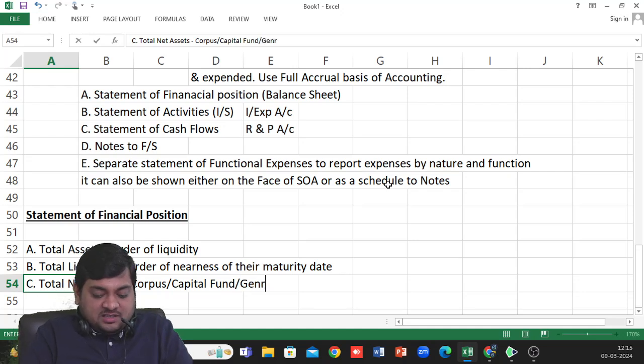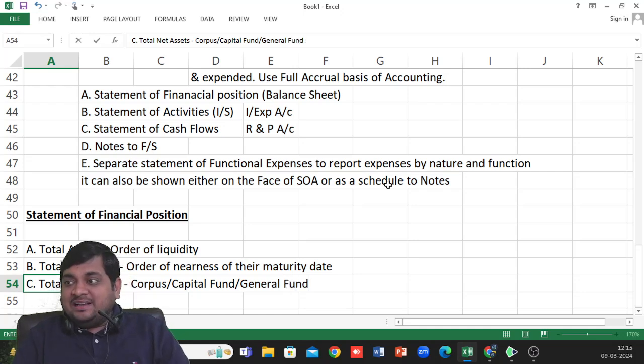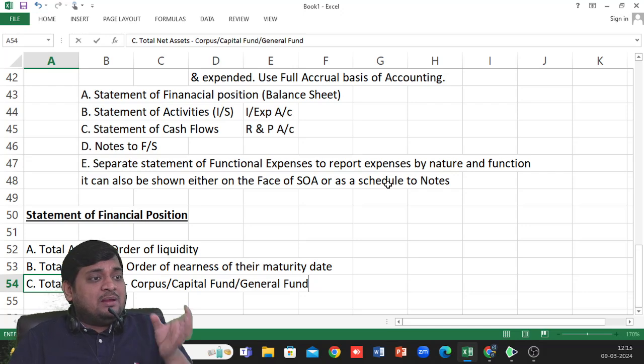We call it the general fund. When you did NPO in plus 2, we used to represent it in this way: the corpus, the capital fund, the general fund. We cannot call it capital or share capital because this is not owned by any particular member.